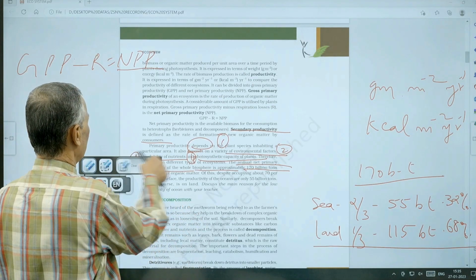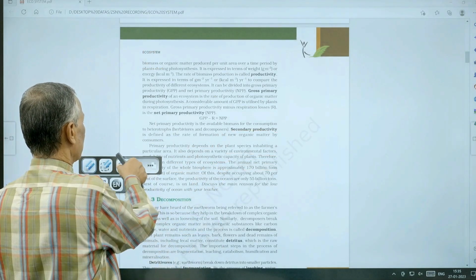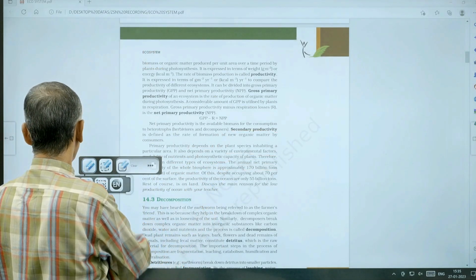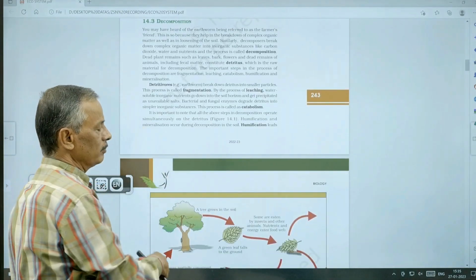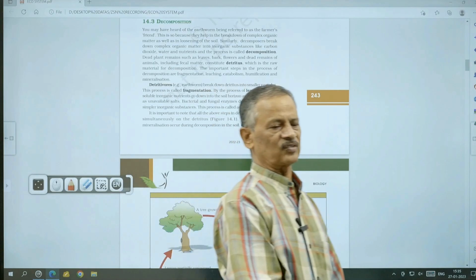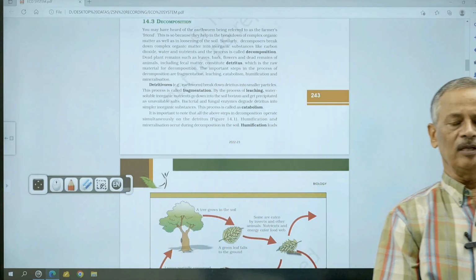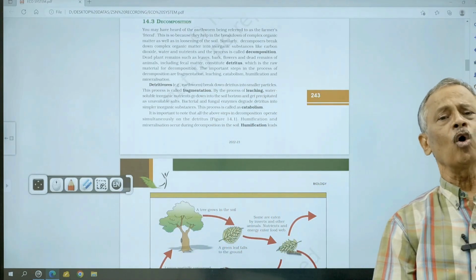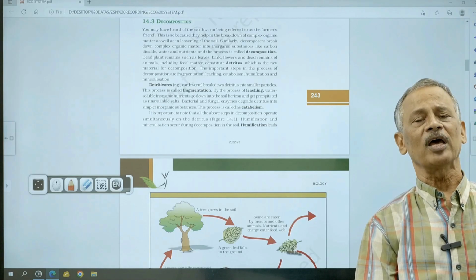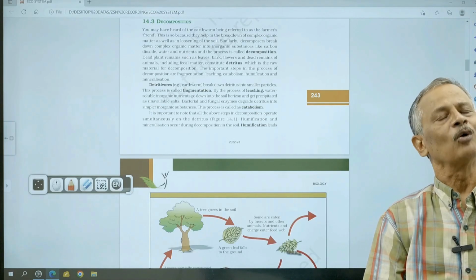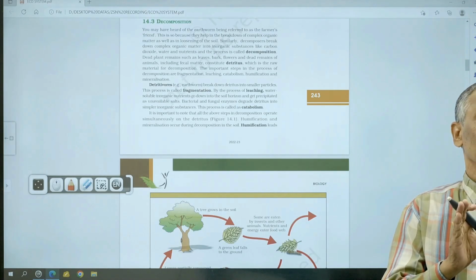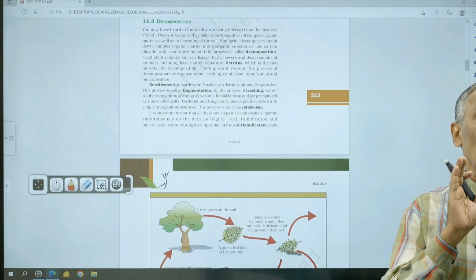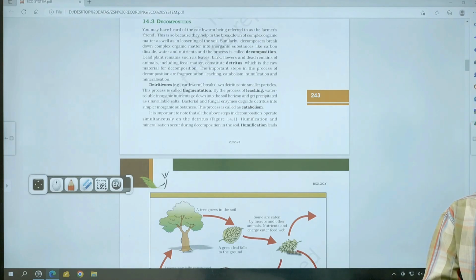Now, what is decomposition? Breaking of complex organic material into simple ones. When plants, animals, etc. become dead, see, how long can these plants and animals keep their biomass within them? Only till they become dead. Once they become dead, their body becomes the raw material for decomposition.